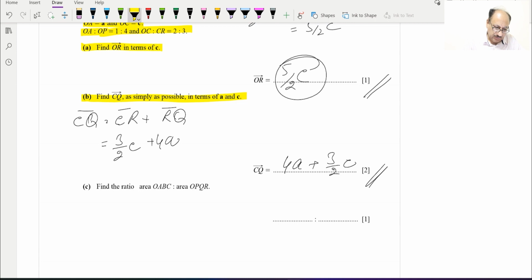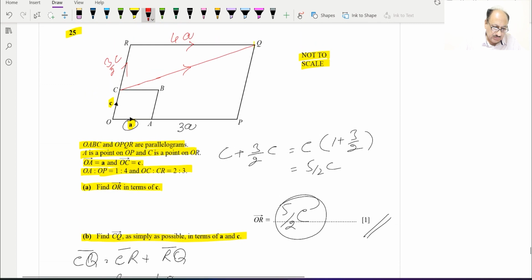Now they are saying find the ratio of the area of OABC to the area of OPQR. So the area of OABC ratio area of OPQR. This is what we need to find.